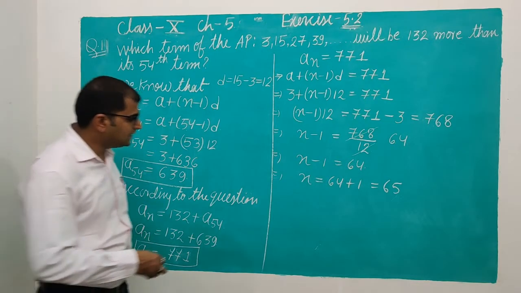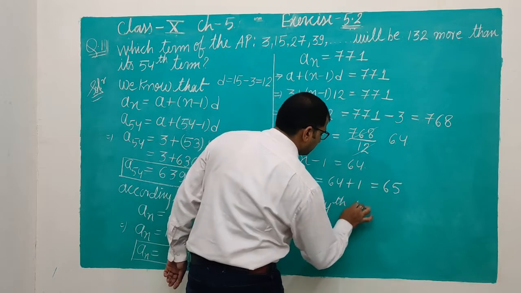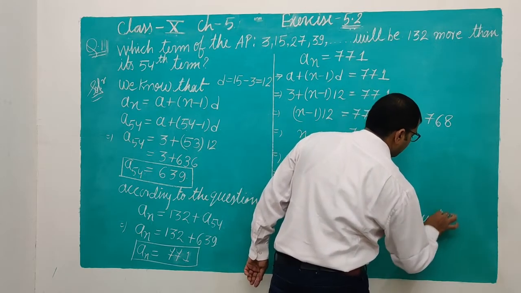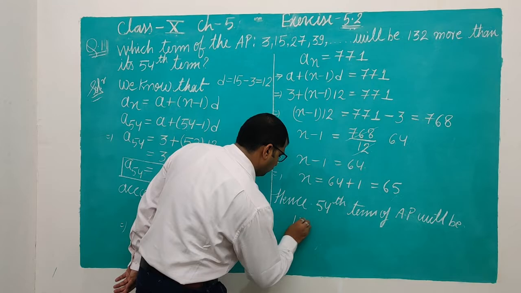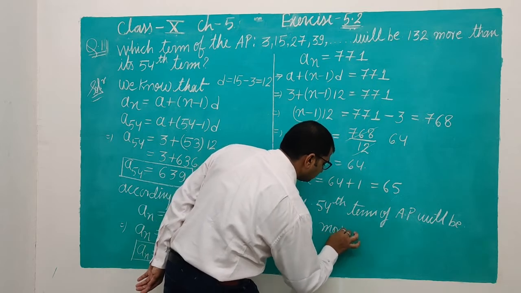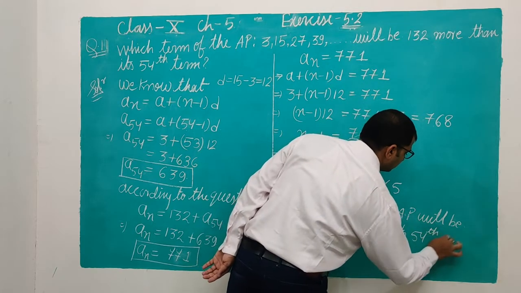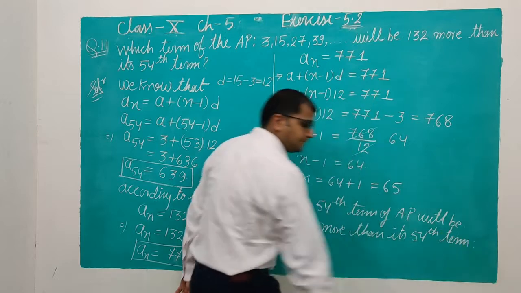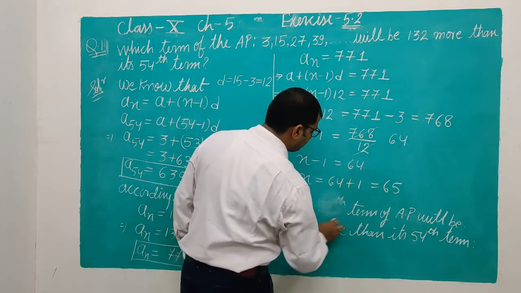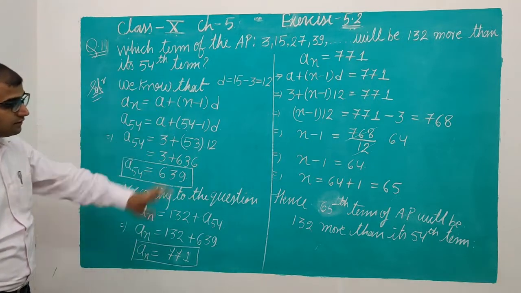Hence we write here, hence the 54th, sorry, this one is 65th. 65th term of the AP will be 132 more than its 54th term.